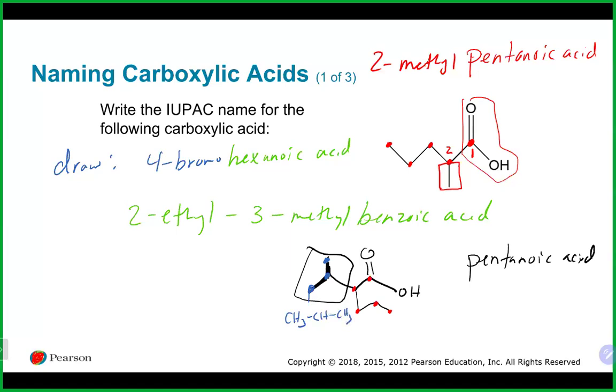So that is that isopropyl group that we had. That would be at carbon number 2, so this would be 2-isopropyl pentanoic acid. I guess it worked out. Good thing I didn't add one more carbon by any chance.